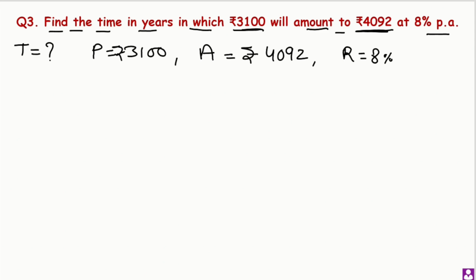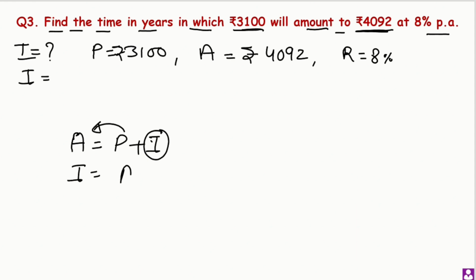Now what we need to find? We need to find T. But before that, we also have to find I. And we know the formula: A equals P plus I. So if I want to calculate I, I will transpose this P to the other side.